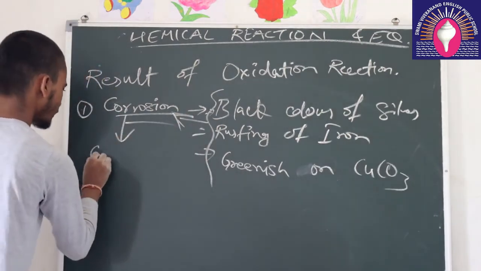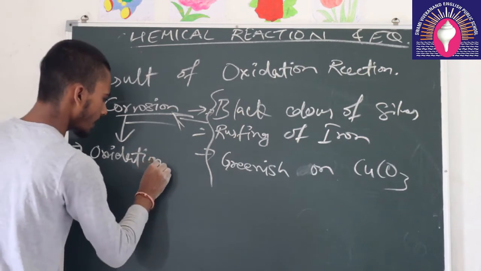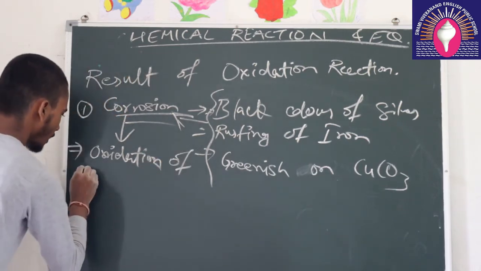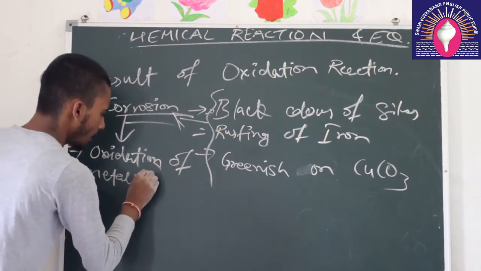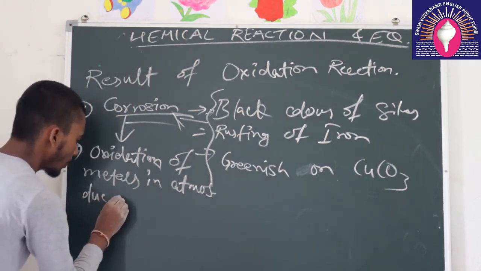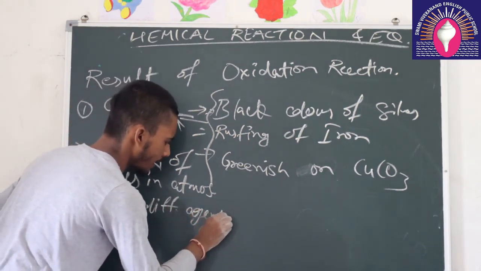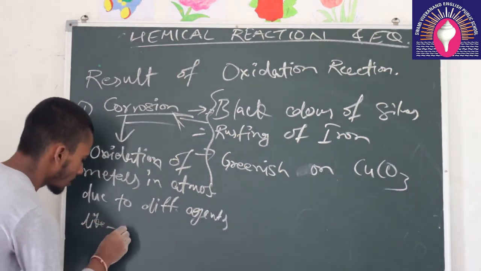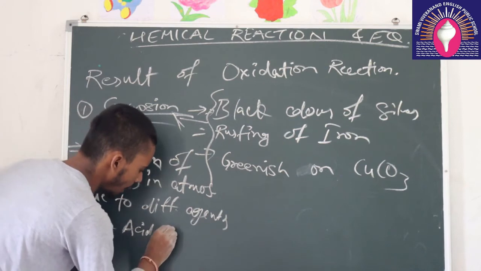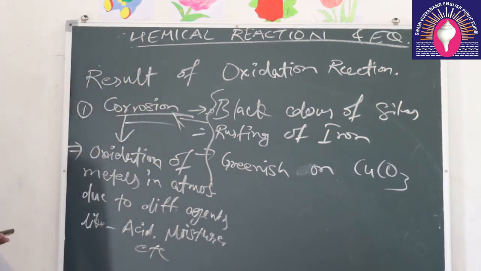This is the definition of corrosion. Corrosion is the oxidation of metals in the atmosphere due to different agents like acid, moisture, etc. The oxidation of metals in the atmosphere due to different agents like acid, moisture, etc. is known as corrosion.